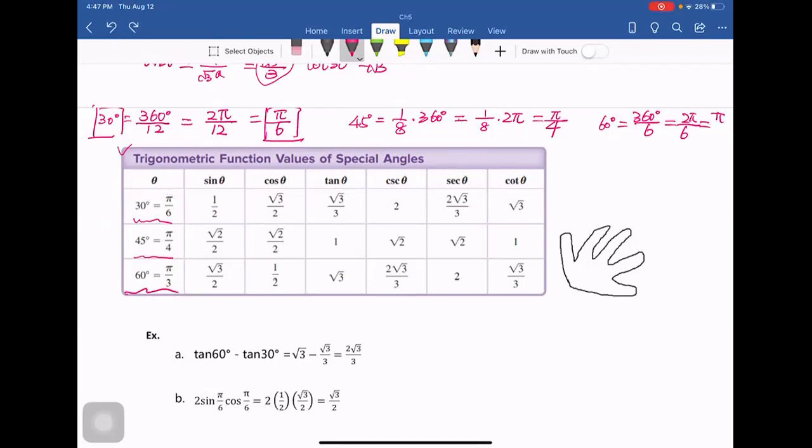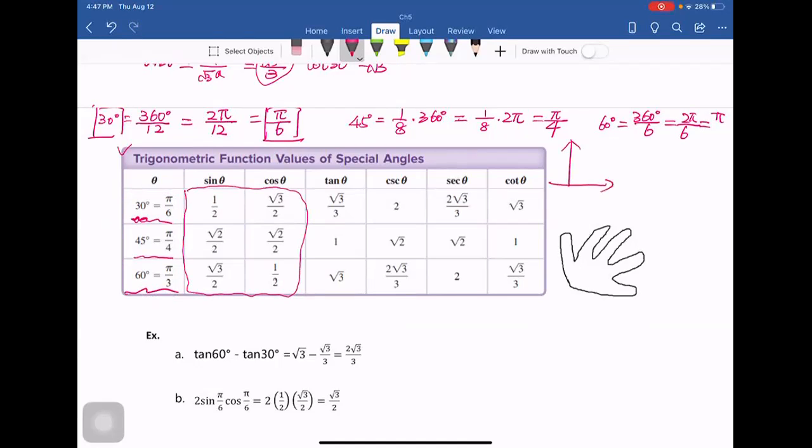Okay, I have a special trick to help you memorize these 6 values. So when theta is 30 degrees, sine 30 is 1/2. Use your left hand to help you memorize that.